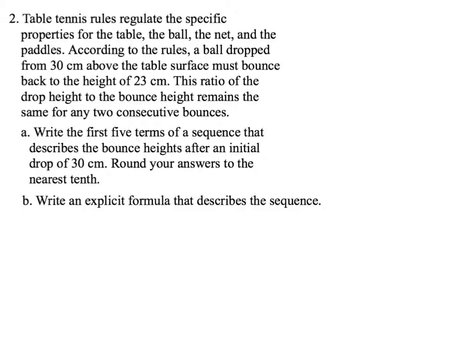Okay, so we know it starts with 30. And the second one is 23. And every single one after that, we multiply by 23 over 30. It's an awkward fraction, so the decimals are going to be rather long, and they are repeating decimals.